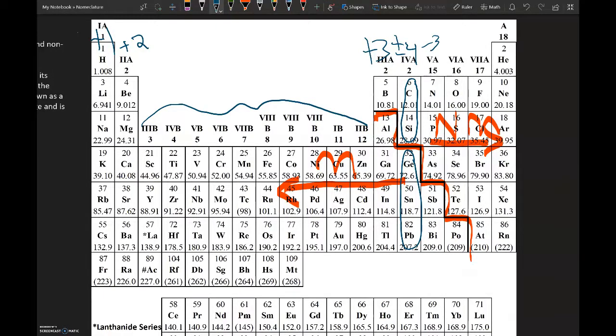Group 6A, the chalcogens, has a -2 charge, and the halogens in 7A have a -1. And then last but not least, the noble gases have a 0 charge, as they don't really go through any type of reaction.